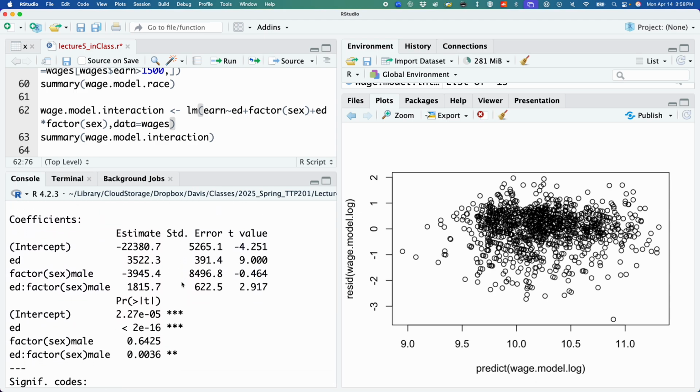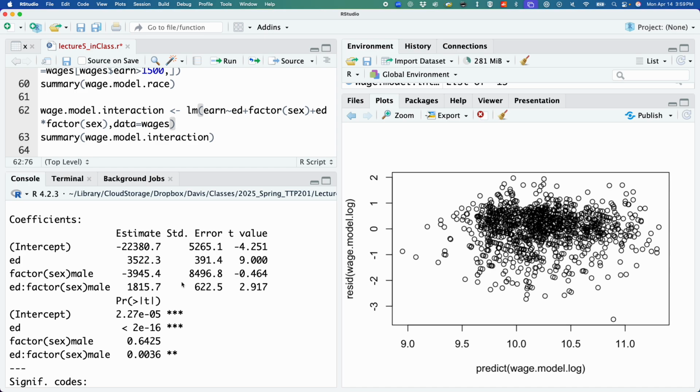Yeah, okay, so real quickly, now I have the baseline here, starting at negative 22,380 as a female. Every year of education, both males and females will receive 3,522 additional dollars for every year of education that they get.